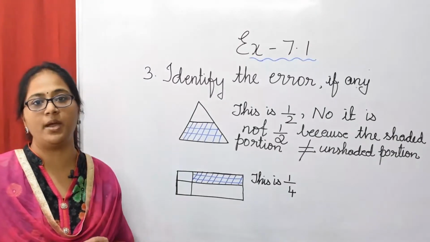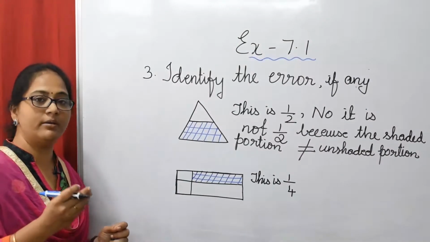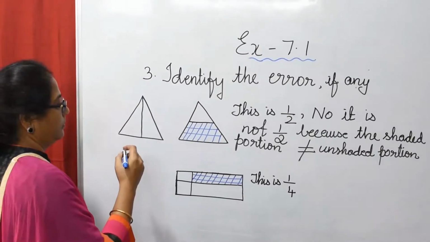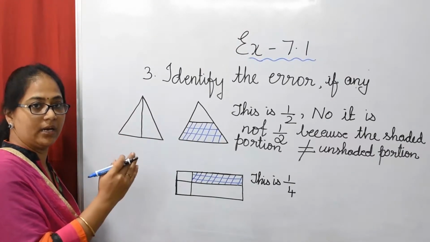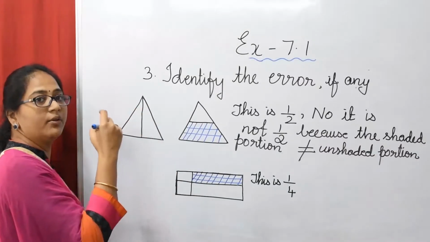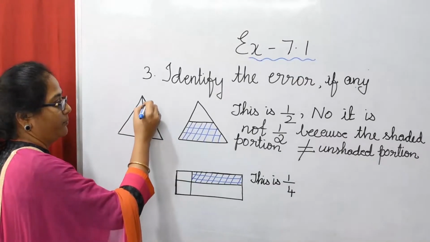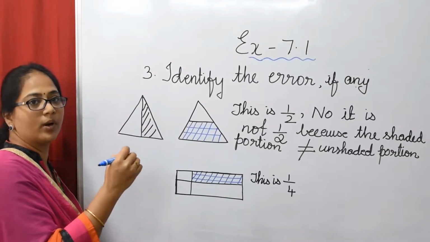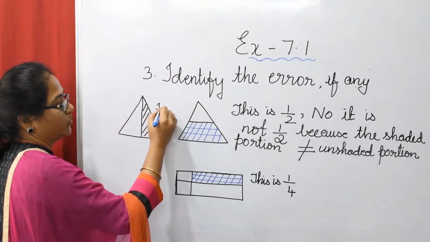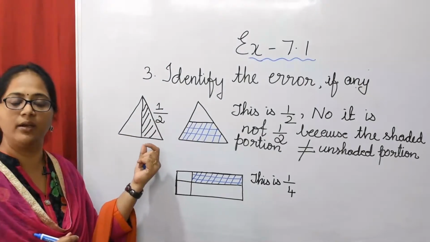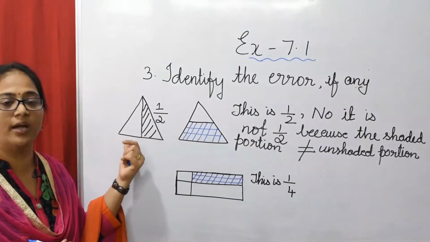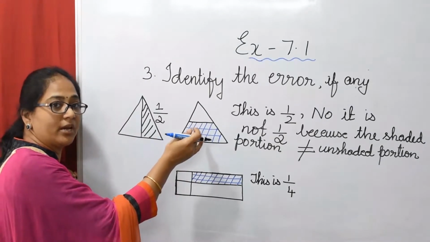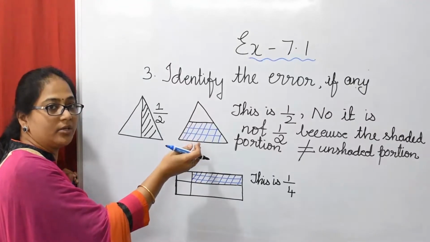Now how can we make it right? We can draw a triangle and divide it equally. If the triangle is divided equally and one part is shaded, then you can say it is 1 by 2. Can you find the difference between this picture and this picture? Here also the triangle is there, but the shaded part is not equal to the unshaded part.